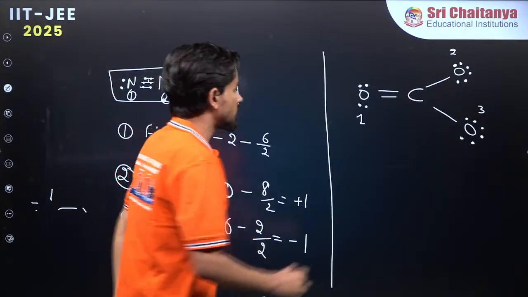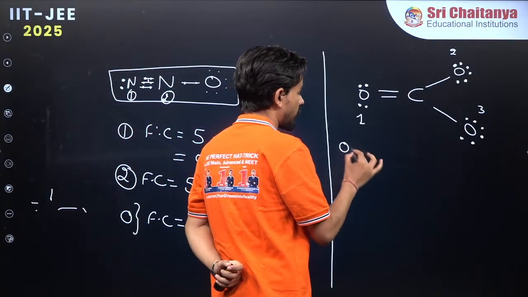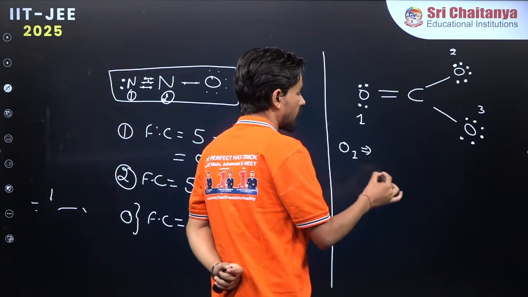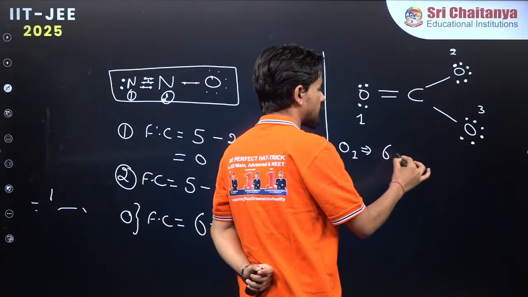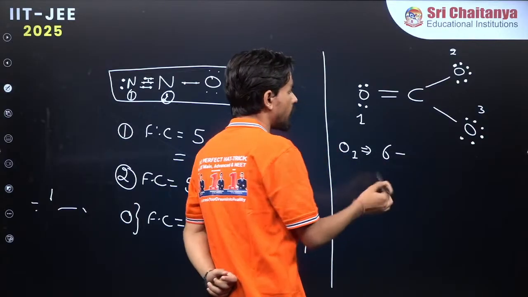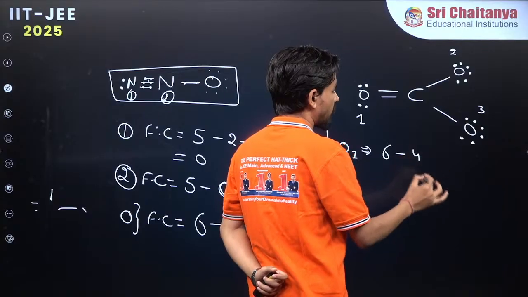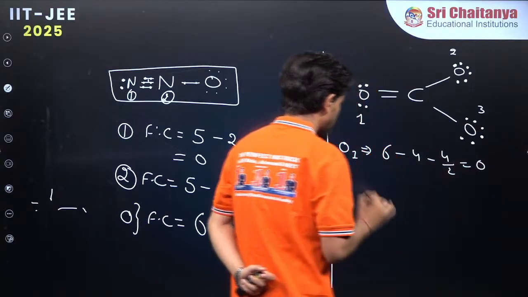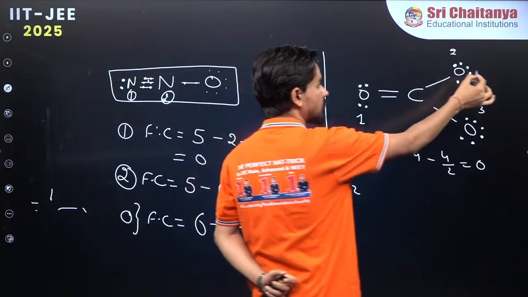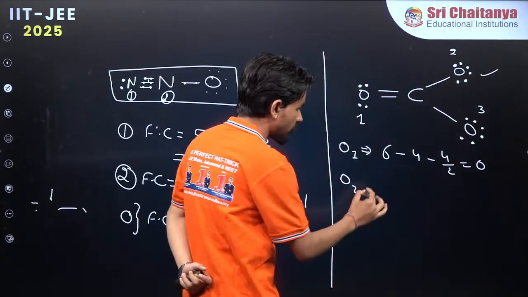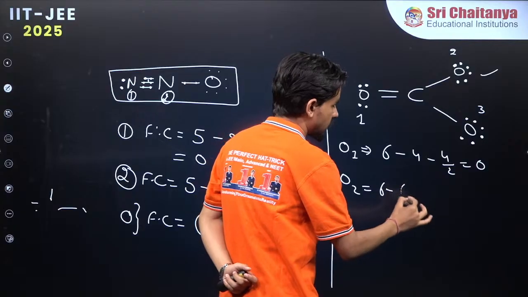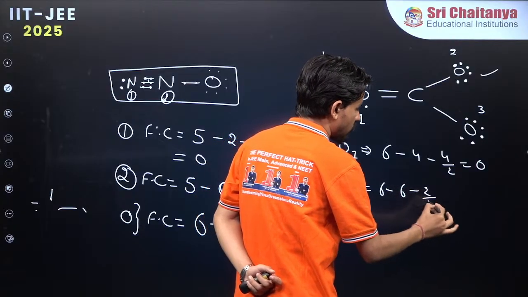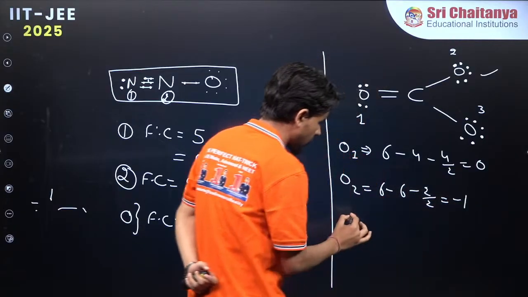Okay, so this oxygen number 1, O1, formal charge: 6 is the valence electrons, minus how many are unpaired? 4, and paired are 4 by 2, that is equal to 0. Oxygen number 2: 6 minus 6 unpaired, minus 2 by 2, that is equal to minus 1.